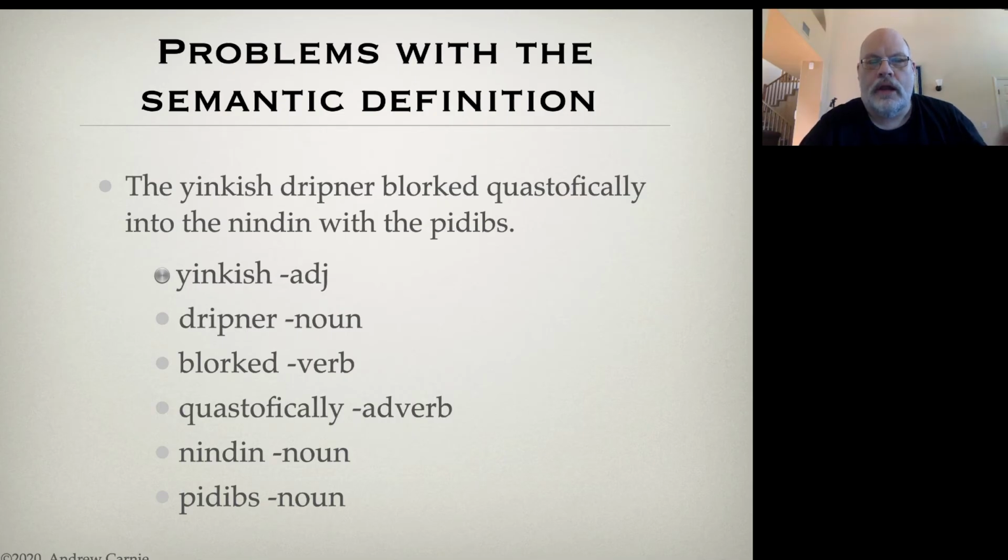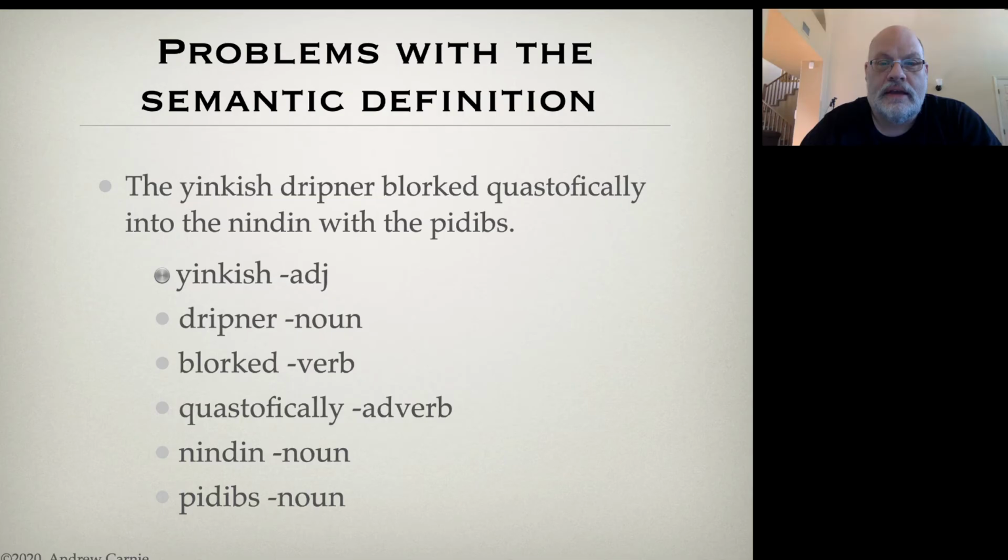So for example, Yinkish has on it this ish suffix. That's a typical suffix for adjectives. Dripner ends in er. That's a common suffix on nouns. We also note that Dripner follows Yinkish, which we've deduced to be an adjective, and the article the.